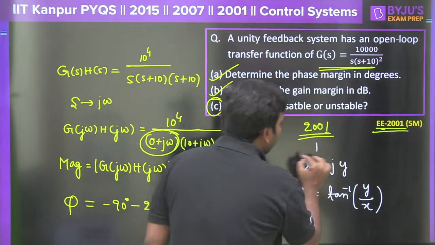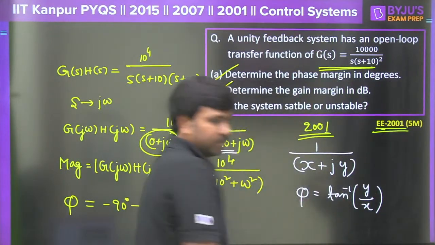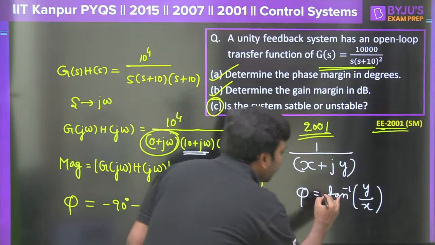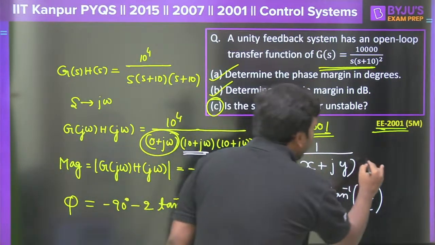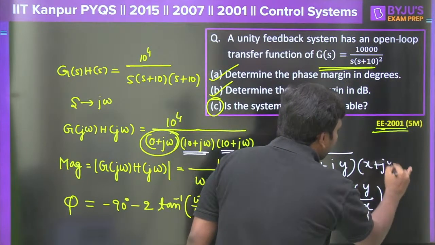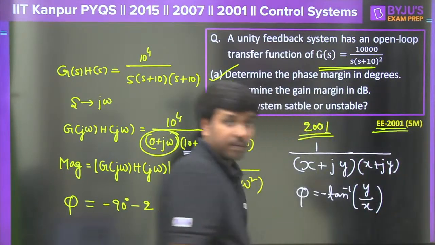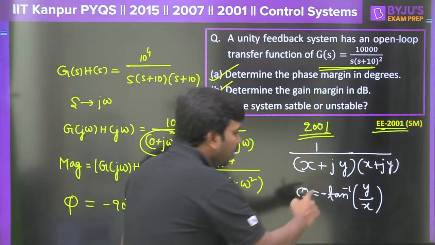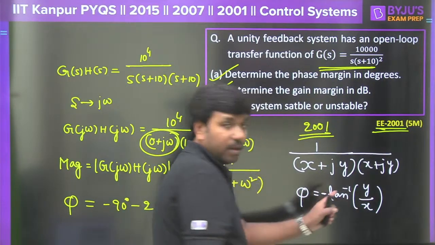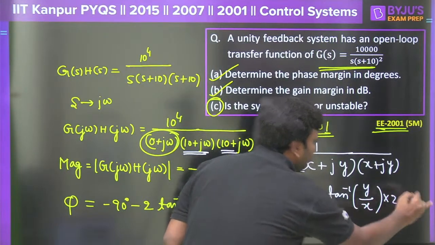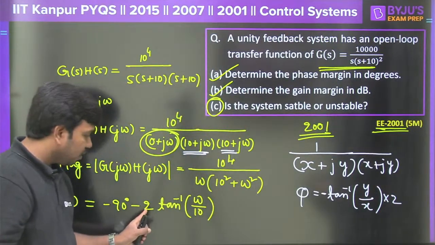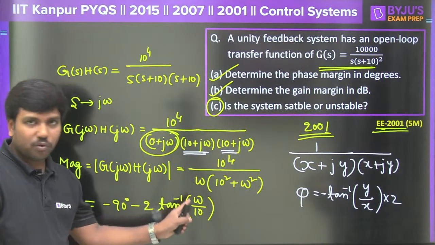If the complex number is in the denominator, then its phase becomes minus tan inverse of y by x. If you have x plus jy two times, then the phases get added, so minus tan inverse of y by x, again minus tan inverse of y by x, so altogether it becomes 2 times. That is the way we got minus 2 into tan inverse of omega by 10.